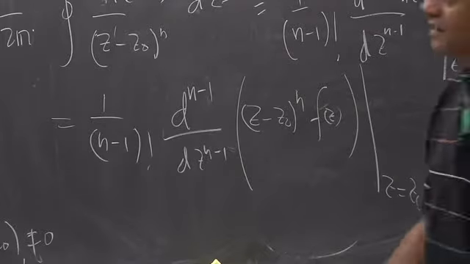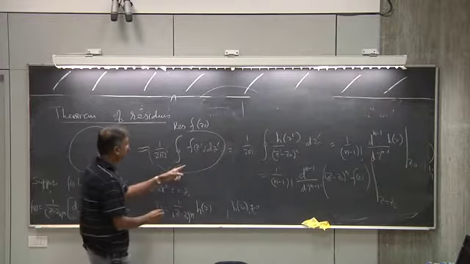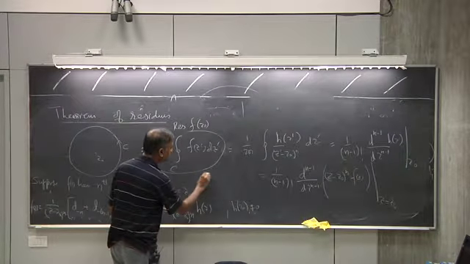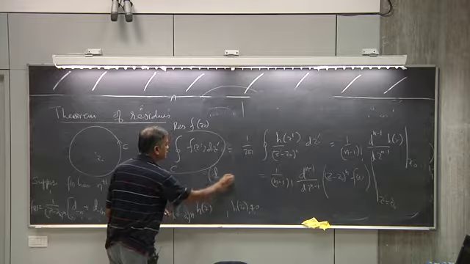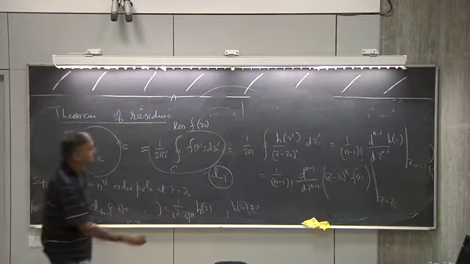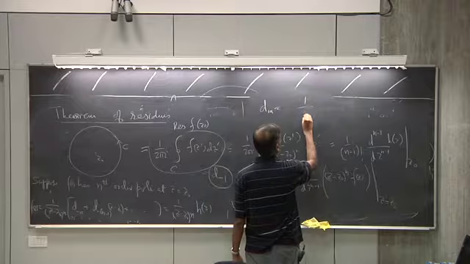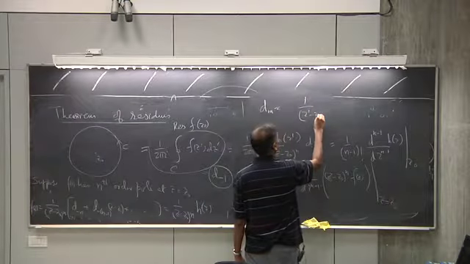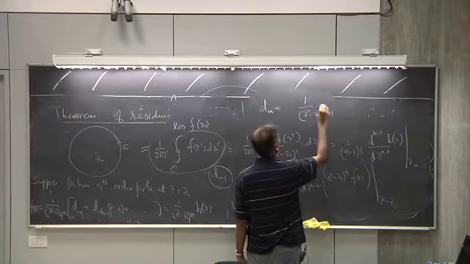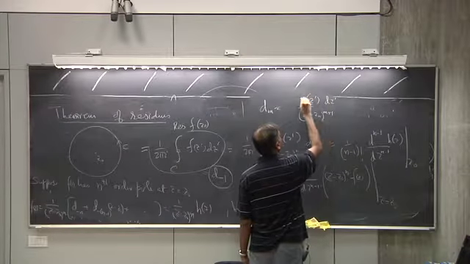But on the other hand, directly from this definition, this by definition is the d minus 1 coefficient of the Laurent series. Remember, d m was 1 over 2 pi i times the integral of f of z prime over z prime minus z0 to the m plus 1, dz prime.